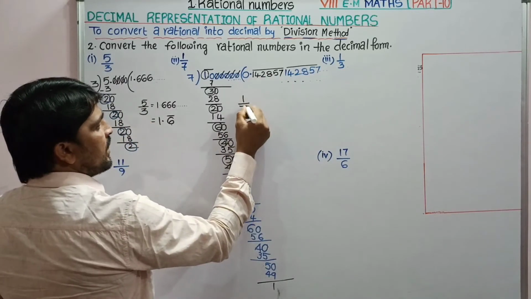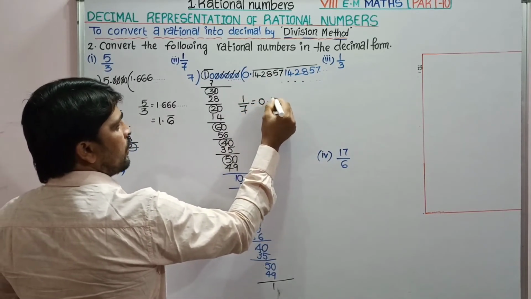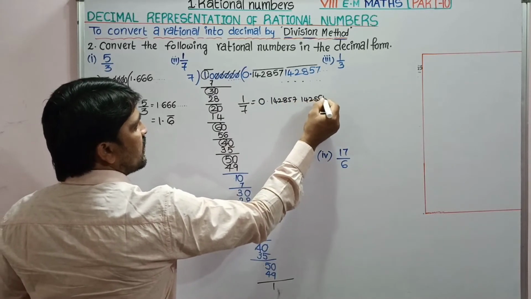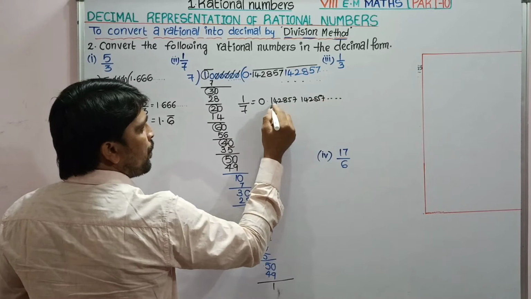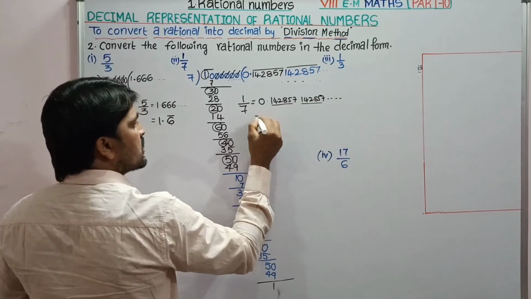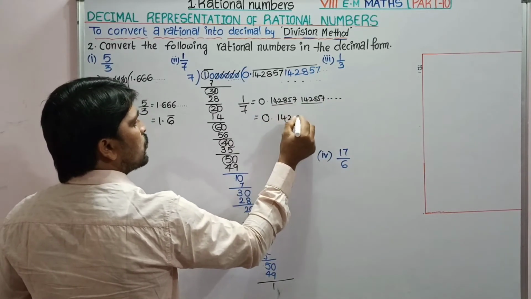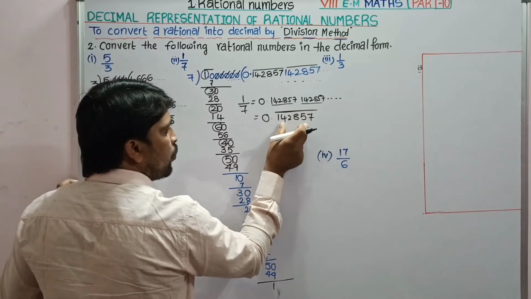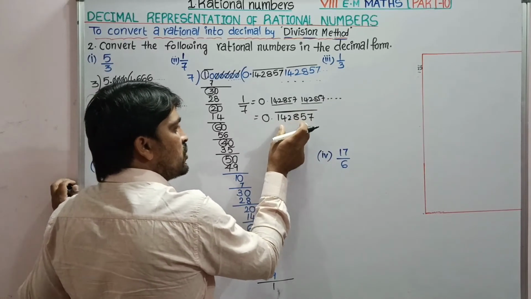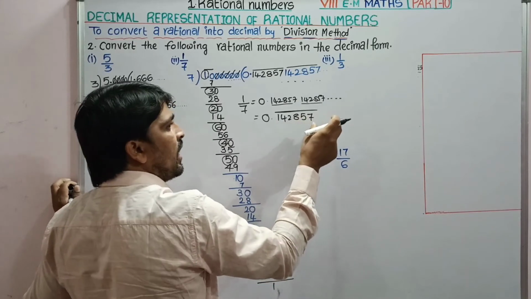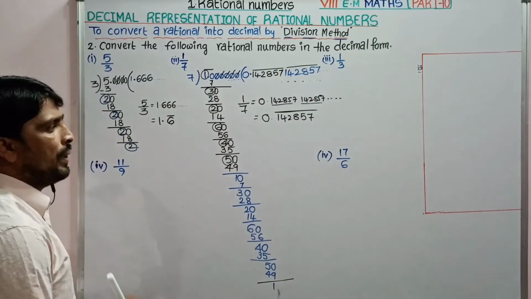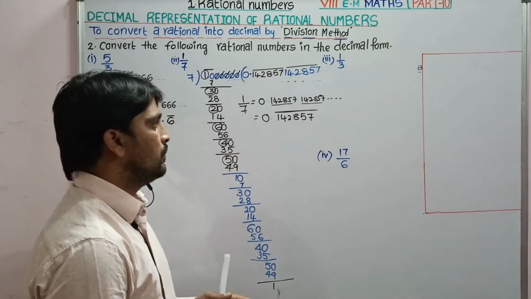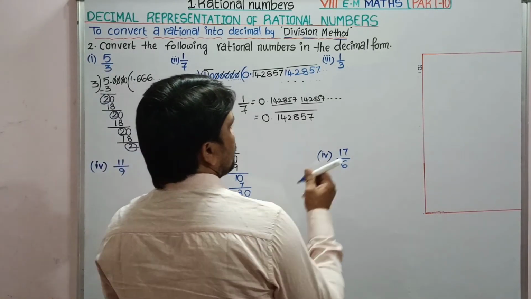So 1 by 7 can be written as 0.142857, and the group of digits is recurring here. This can be written as 0.142857 bar. The bar on the group of digits indicates that this group of digits is recurring every time. So 1 by 7 is equal to 0.142857 bar.